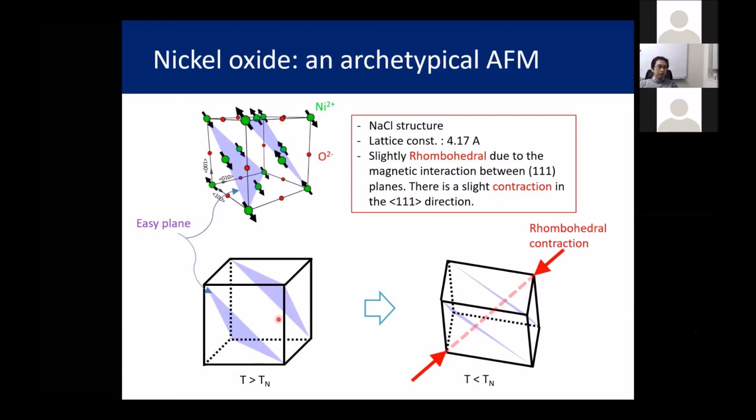Due to the local dipole interaction between these two planes, there's actually an attractive force between 111 planes. This results in a rhombohedral contraction in the 111 direction, perpendicular to the 111 plane. So we have a rhombohedral contraction below the Neel temperature like this.